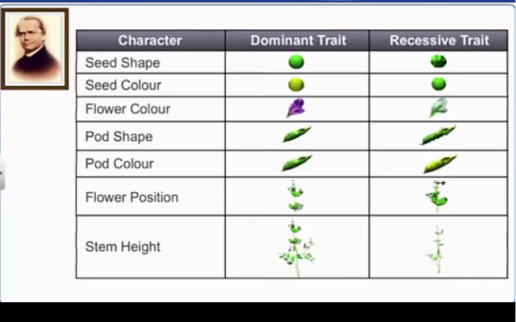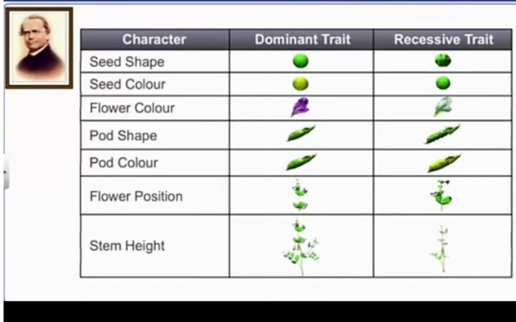The 7 contrasting traits Mendel selected were the seed shape, round and wrinkled; seed color, with yellow and green seeds; flower color, with violet and white flowers; pod shape, which was either inflated or constricted; and pod color, which was either green or yellow.